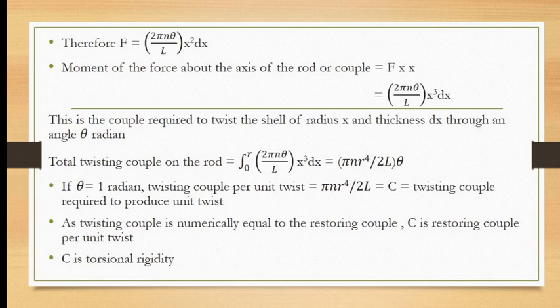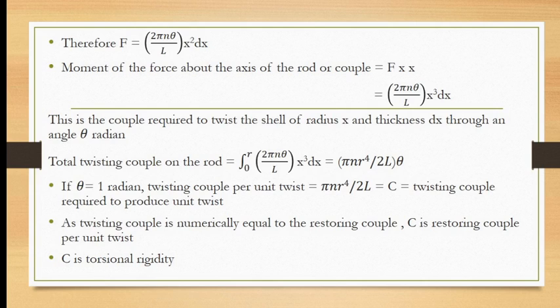This is the expression for the twisting couple, that is, the couple required to twist the considered shell of radius x and thickness dx through an angle θ.